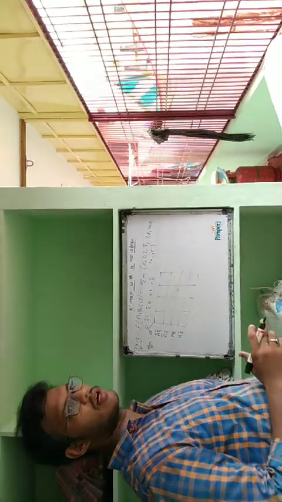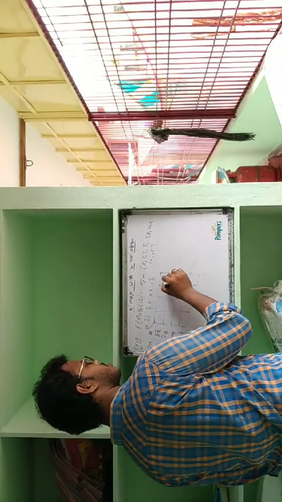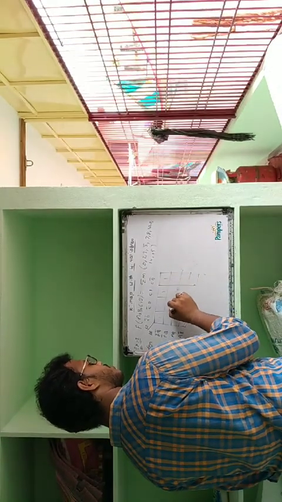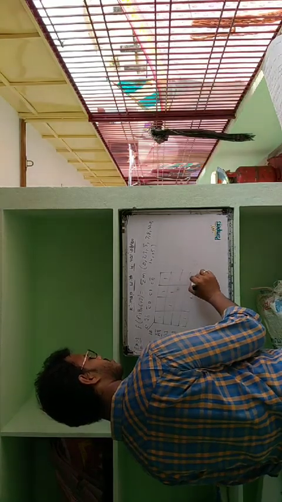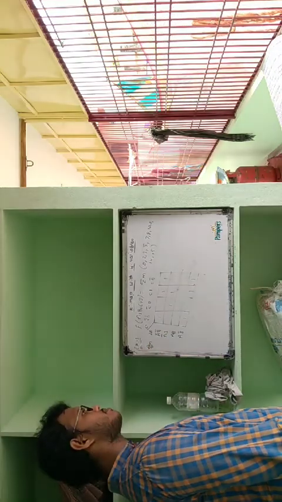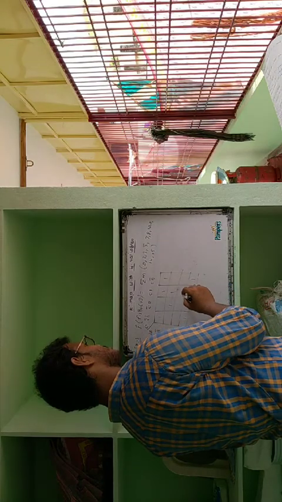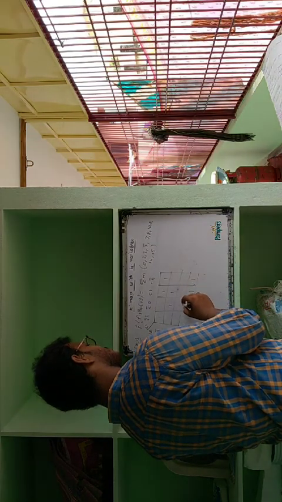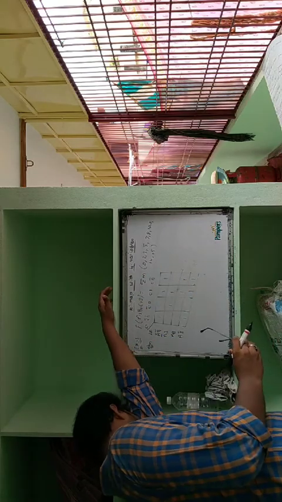So this is 1, this is 2, 3, 4, 5, 7, 8, 10, 11, 14, 15. Okay.